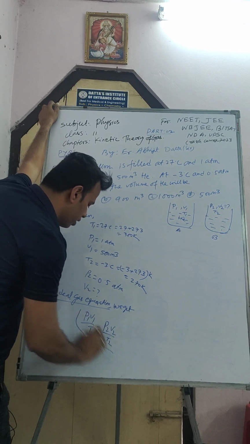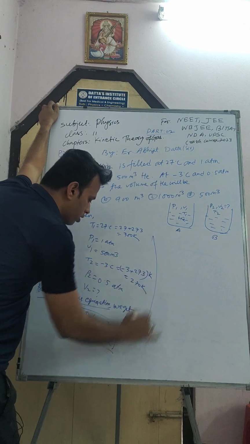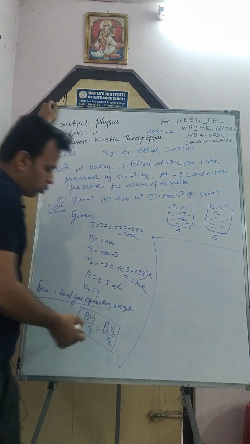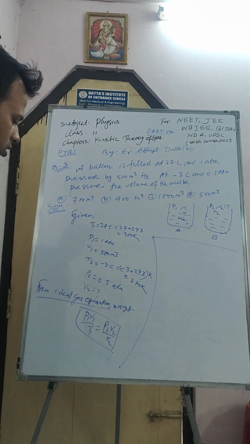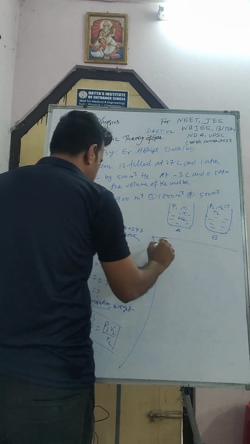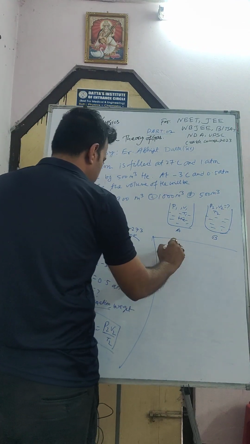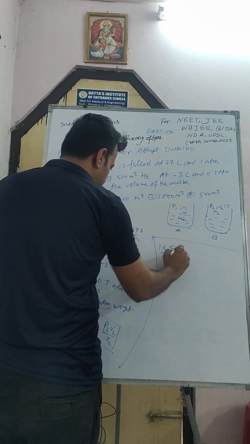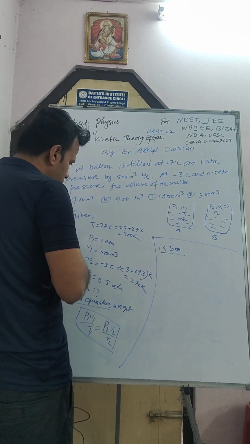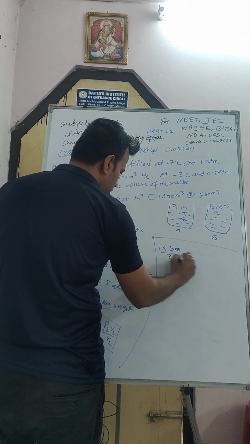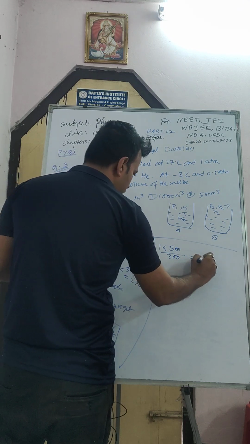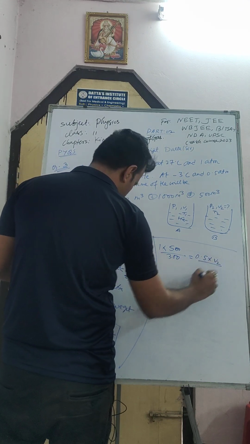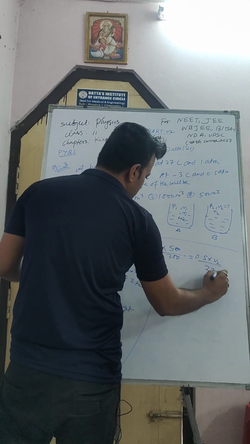Now here you just put all the values and you can easily find the value of B2. So you put P1 is 1, B1 is 500, T1 is 300, and P2 is 0.5, B2 we have to find out, T2 is 270.